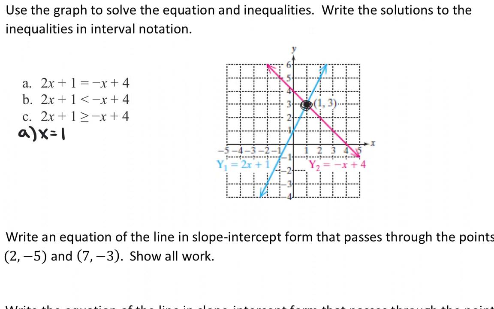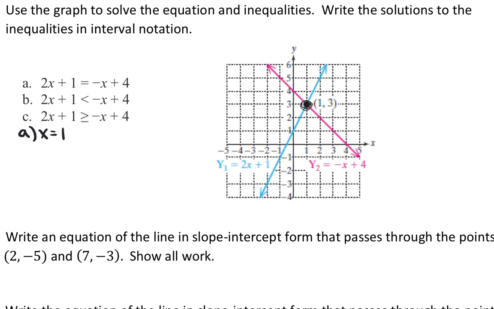For the next one, we have 2x plus 1 is less than negative x plus 4. So we know that this red line is the second equation. So we know that that's the bigger equation, so that one's on top. And we know that the blue equation is less than.